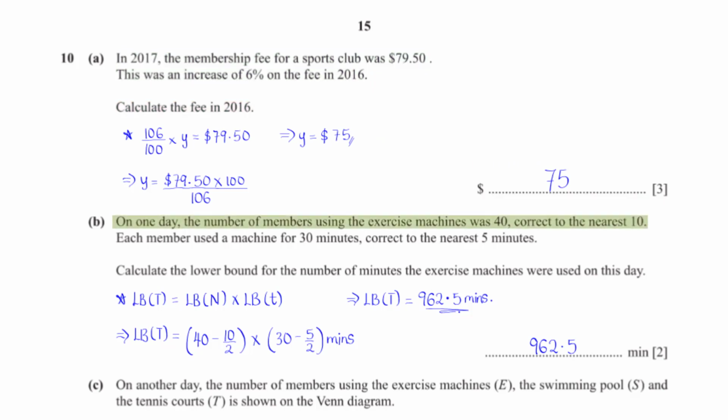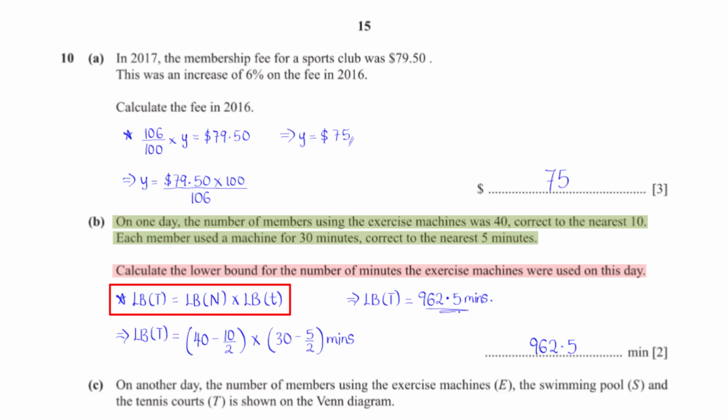On one day, the number of members using the exercise machines was 40, correct to the nearest 10. Each member used a machine for 30 minutes, correct to the nearest 5 minutes. Calculate the lower bound for the number of minutes the exercise machines were used on this day. The lower bound for the total number of minutes is equal to the lower bound for the number of members times the lower bound of the time taken by each member to use the machine.